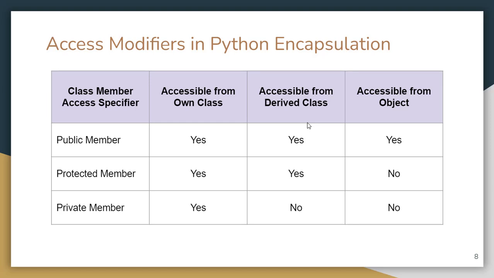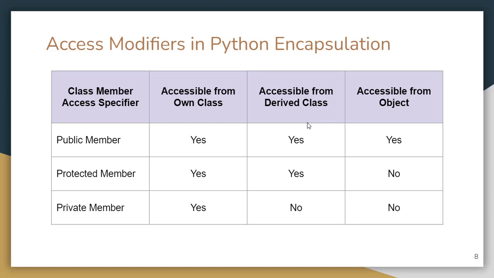Then it is accessible using name mangling with the class name. In the following table, you can see access modifiers in Python. It shows class member specifiers like public member, protected member, private member. A public member is accessible from its own class, from a derived class, and also from an object.